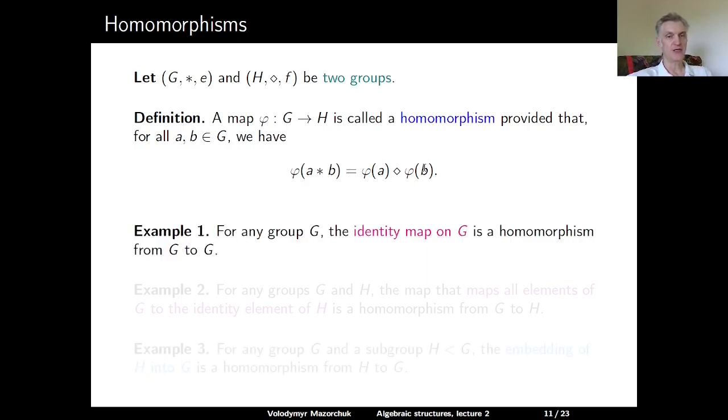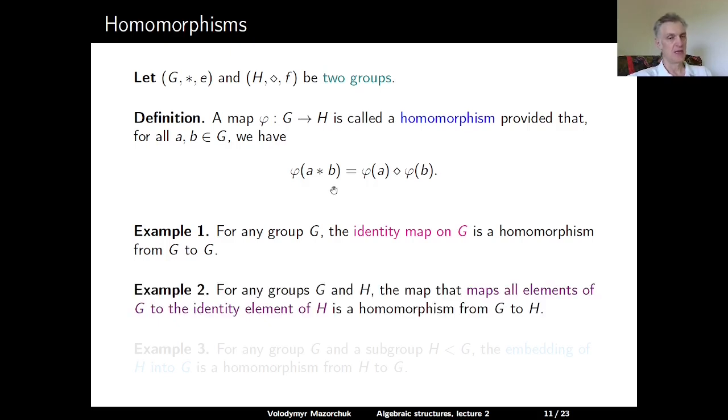Example 1. For any group G, the identity map on G is a homomorphism from G to G. Then this condition is trivial. Example 2. For any groups G and H, the map that maps all elements of G to the identity element of H is a homomorphism from G to H. So in this case, this identity reads the identity in H is equal to the identity in H times the identity in H. And that's of course true.